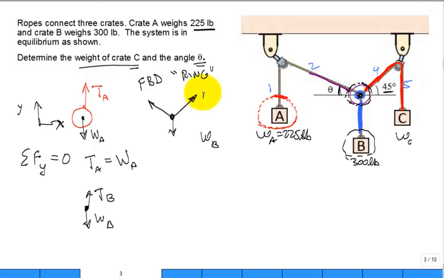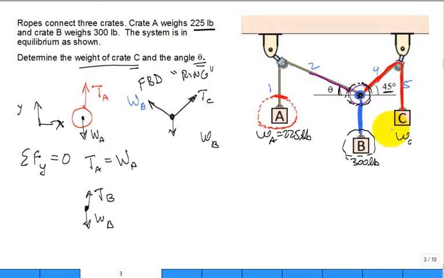And now we're going to have the tension going over in the cable to hold up crate C, and the tension going over to hold up crate A. Are these two magnitudes the same in different free body diagrams? Yeah. You know what? You could replace that by the weight of crate A.